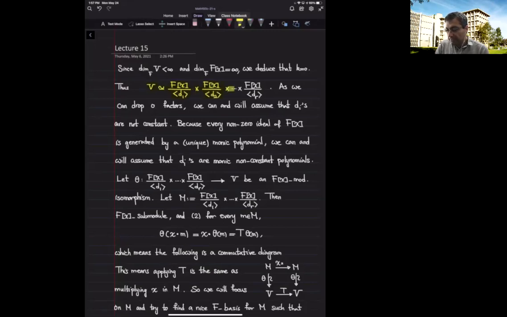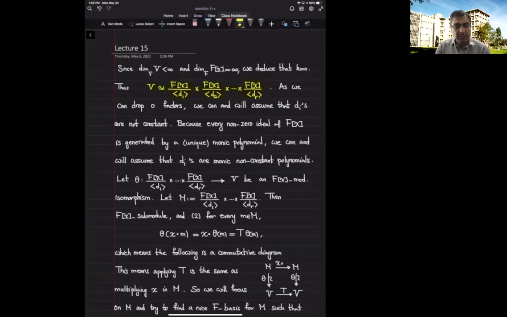Notice that if the d_i's are non-zero constant polynomials, we get a zero factor and we can get rid of it. So I can assume without loss of generality that the d_i's are not non-zero constants. And they cannot be 0 as well.